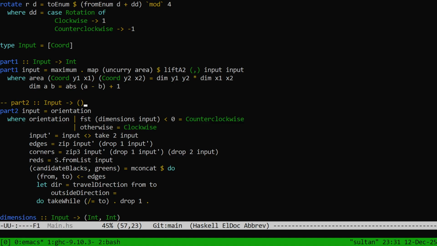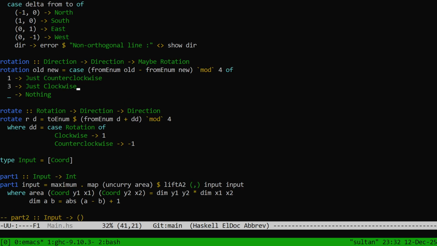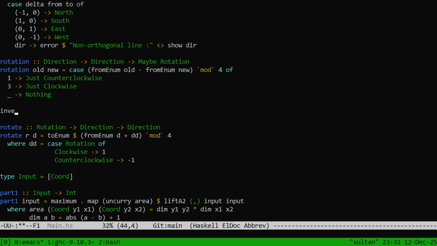So if I'm tracing the shape clockwise, and I'm traveling east, then what's outside the shape is actually counterclockwise. So I need like an inverse rotation, I guess.